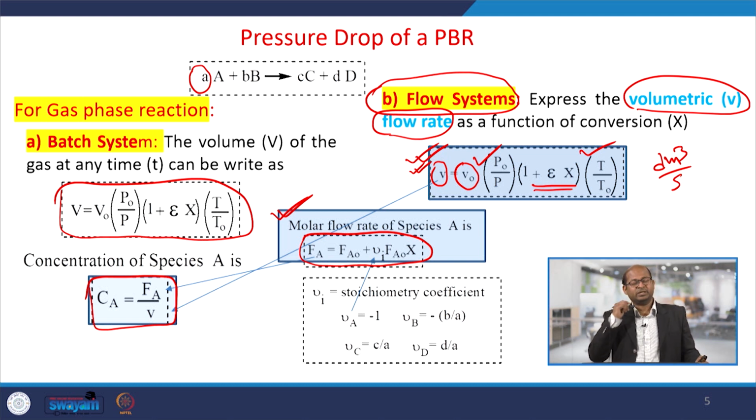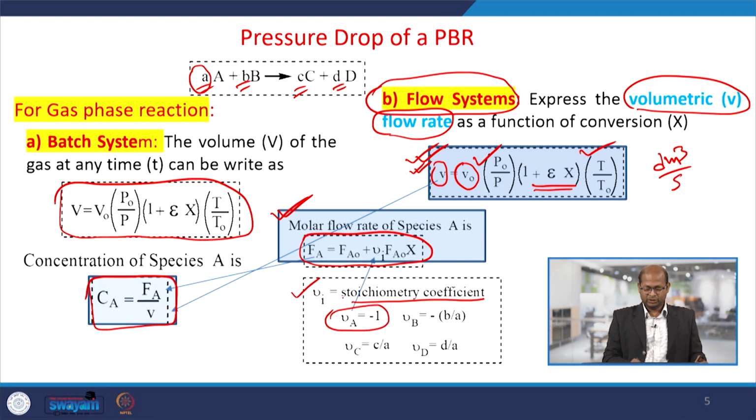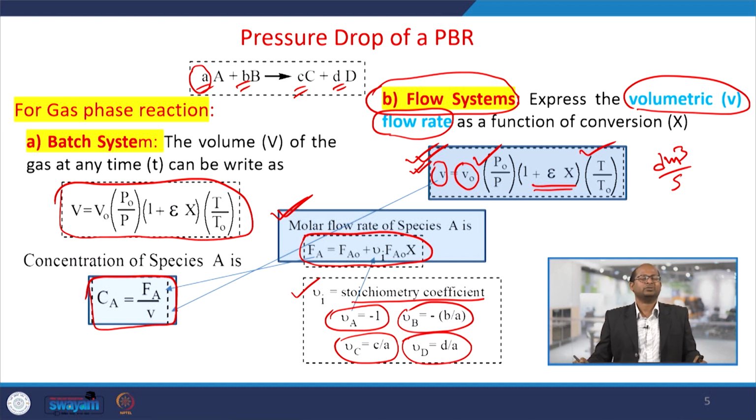The coefficients are a, small b, small c, small d; these are the changes of moles. The stoichiometric coefficient for component A would be minus 1, and for component B also minus b by a, and for the other components C and D it is this. We have already discussed the stoichiometric coefficients.